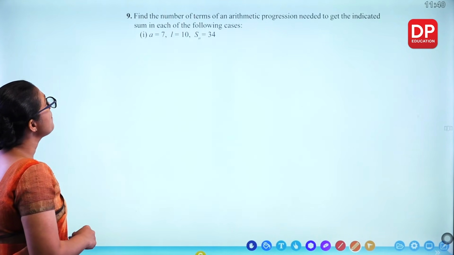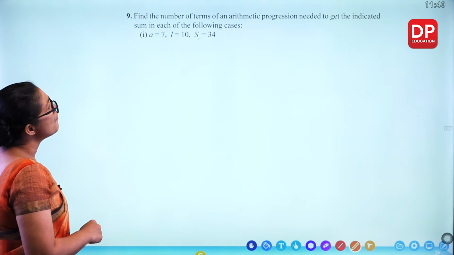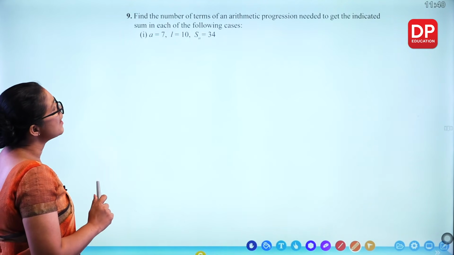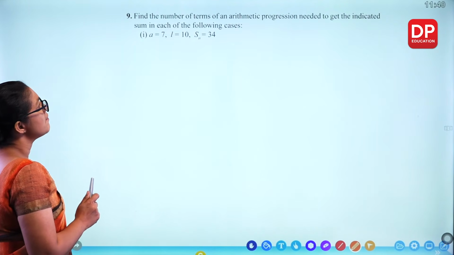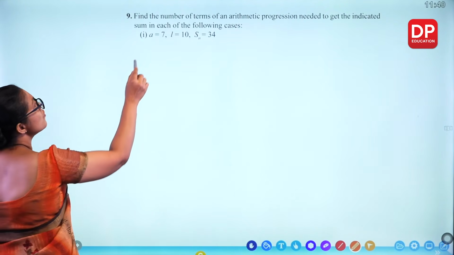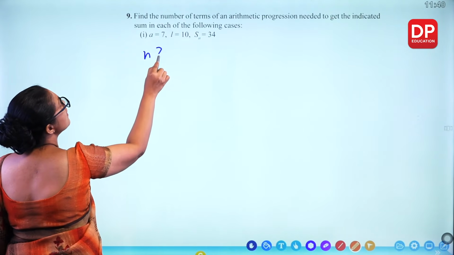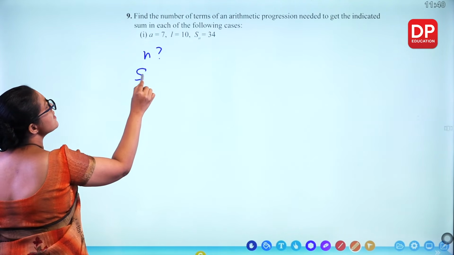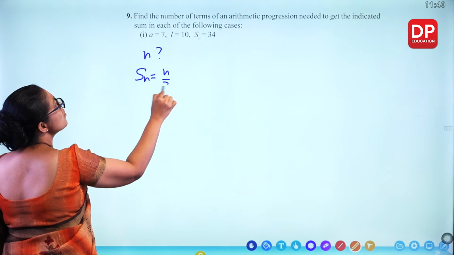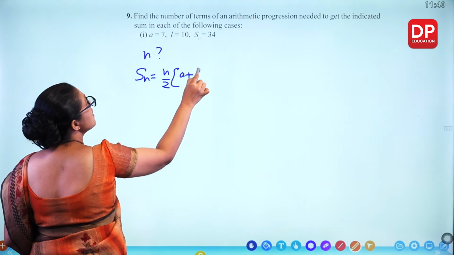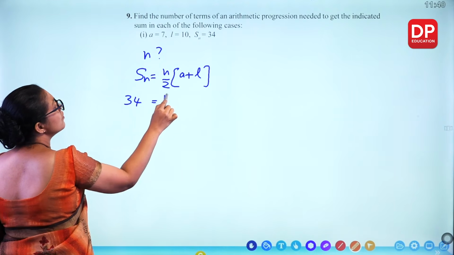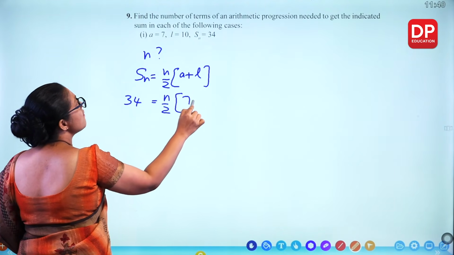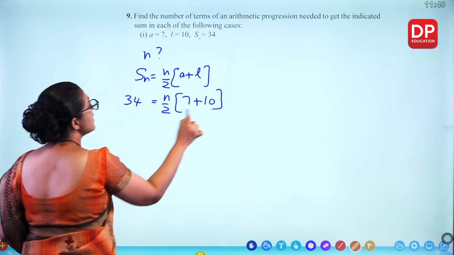Question number 9. Find the number of terms of an arithmetic progression needed to get the indicated sum in each of the following cases. First term is given, last term given, and the sum is given. So you need n. Use the formula Sn equals n over 2 times a plus l, because last term is given. So this is 34, a is 7, last term is 10.